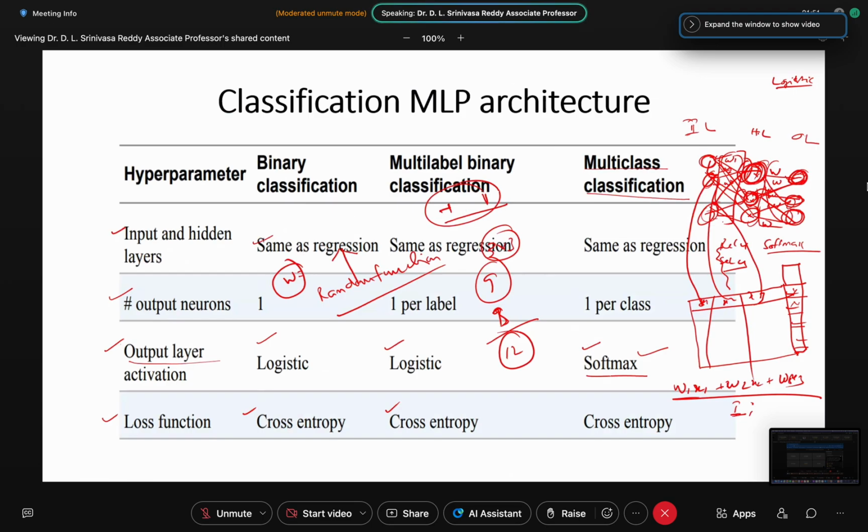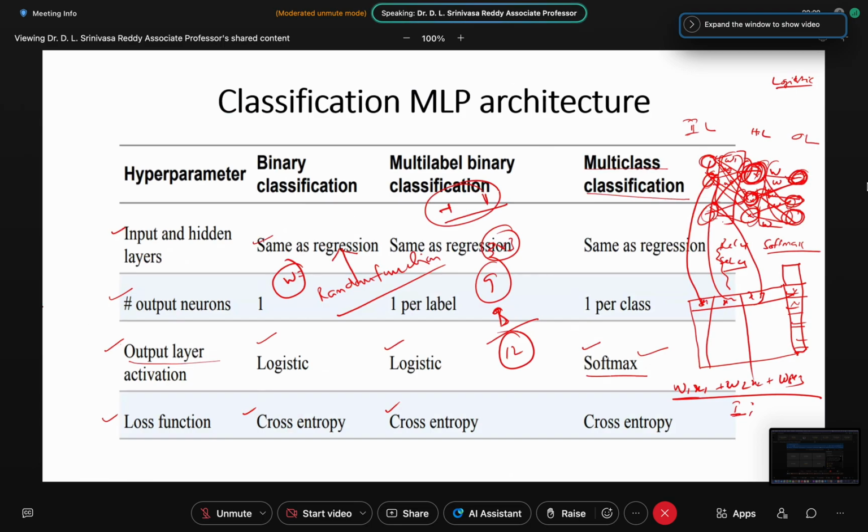Actually, in real life, these are all in hundreds. These are also in hundreds. And again, so many hidden layers, and finally you may get one output layer. So as the number of neurons increases, the number of weights increases.